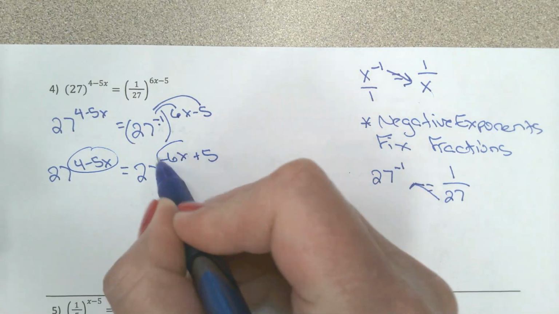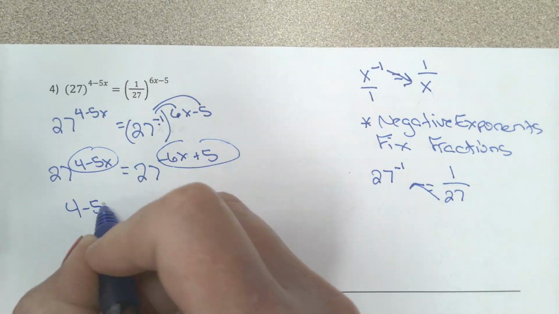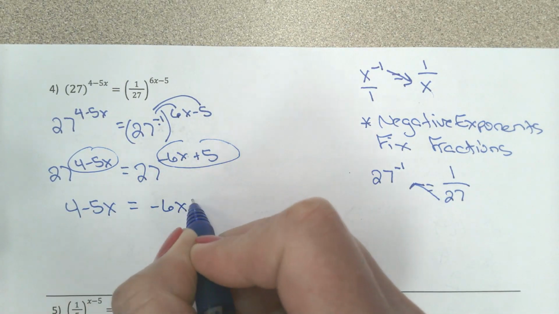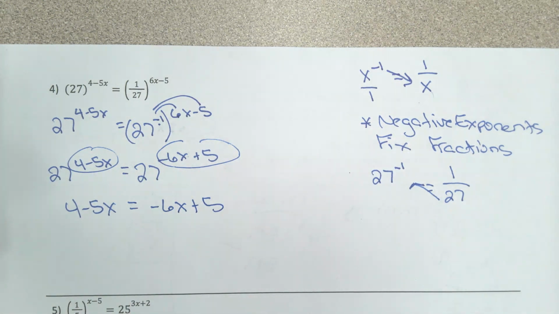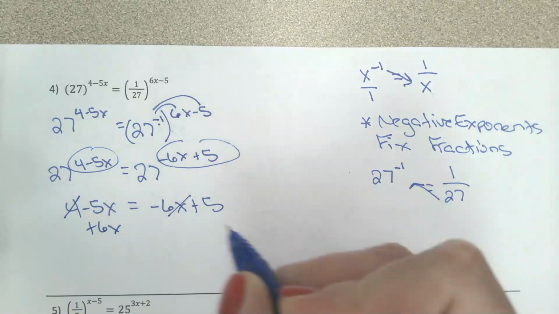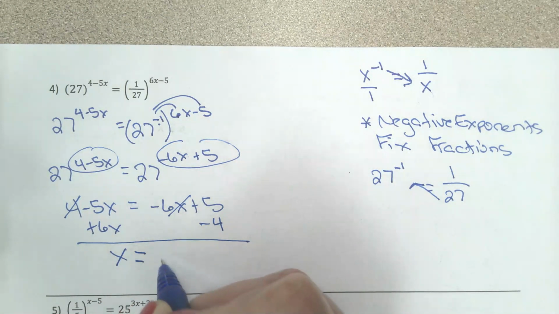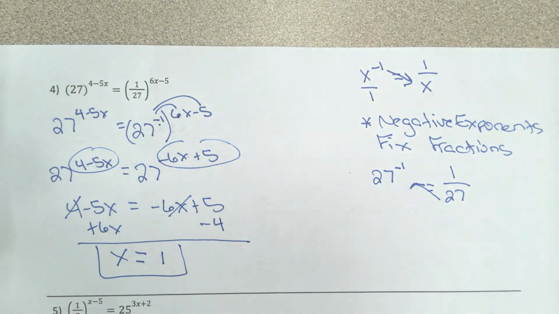My bases are the same, so now I'm going to set my exponents equal. I would personally add 6x to both sides and subtract 4 from both sides. And you get x equals 1 for a good final answer on that. If you plugged it in and checked, it will work.